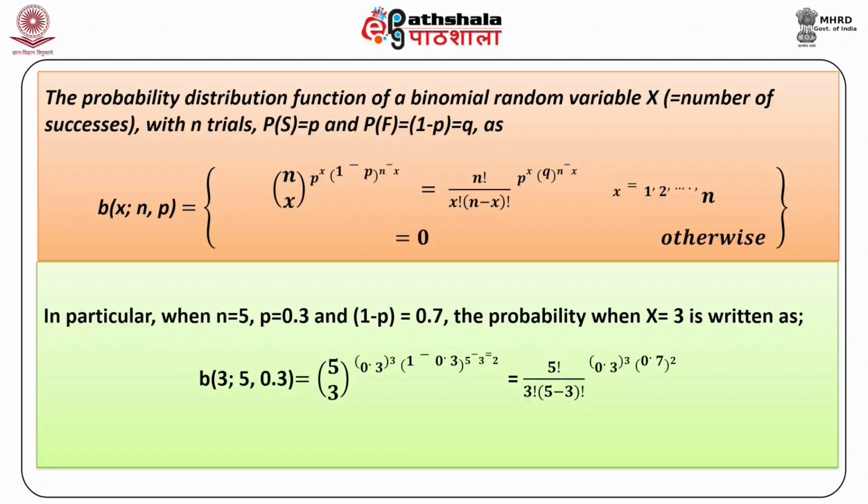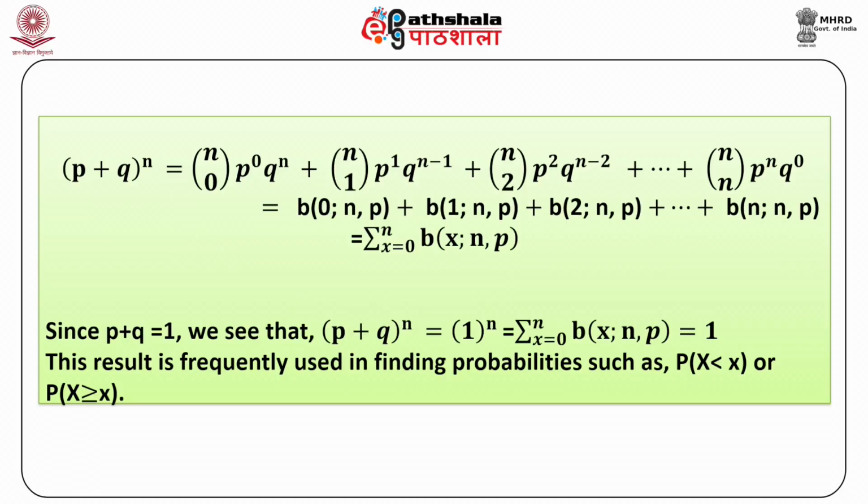So that is what we know, and what we are saying is that p plus q raised to power n is nothing but equal to nC0 into p^0 into q raised to power n plus nC1 p raised to power 1 q raised to power n minus 1 plus nC2 p raised to power 2 q raised to power n minus 2, and so on up to nCn p raised to power n q raised to power 0.